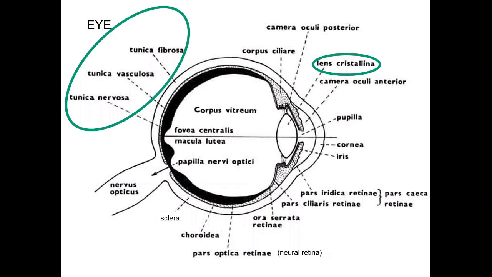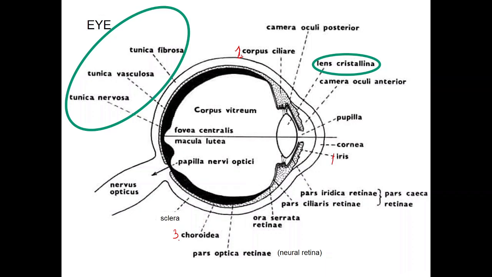The tunica vasculosa is made of three parts: the iris, the corpus ciliare, or the ciliary body, and the third goes to the choroidea. So three structures make up the tunica vasculosa, and then we have tunica nervosa, which is composed of the retina.